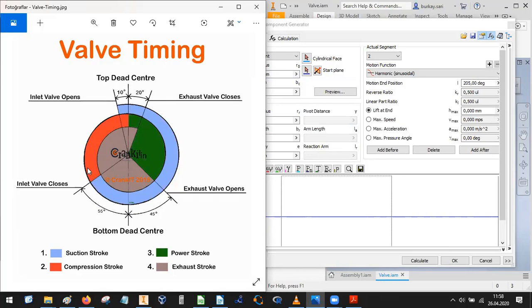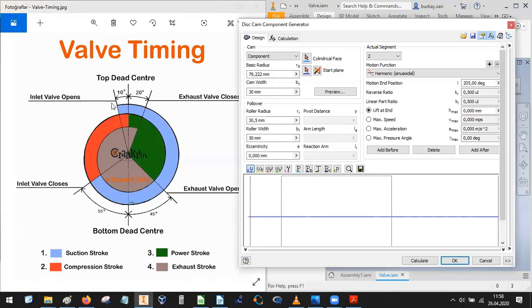We have an opening time from 360 degrees to 235 degrees. And after that, the inlet valve closes, and it will stay closed up to 360 degrees.